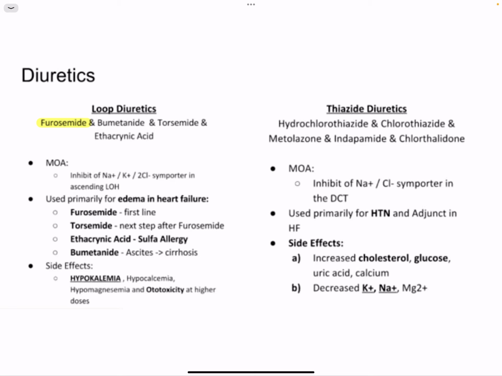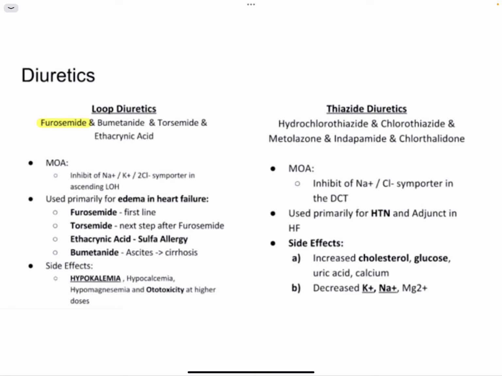So what is the problem with the sulfur group? Some individuals are allergic to the sulfur group. Glucose-6-phosphate dehydrogenase deficiency, you might have discussed even with Dr. Fatih. We discussed also in general pharmacology. So if someone is allergic to the sulfur group and still needs the loop diuretic, what will we use? Ethacrynic acid.